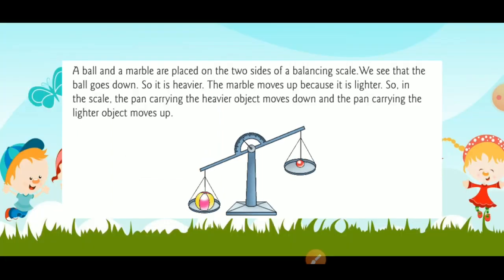In the second pan, a ball and a marble are placed on the two sides of the balancing scale. We see that the ball goes down, so it is heavier, and the marble is moving up, so it is lighter. So the pan carrying a heavier object moves down and the pan carrying a lighter object moves up.